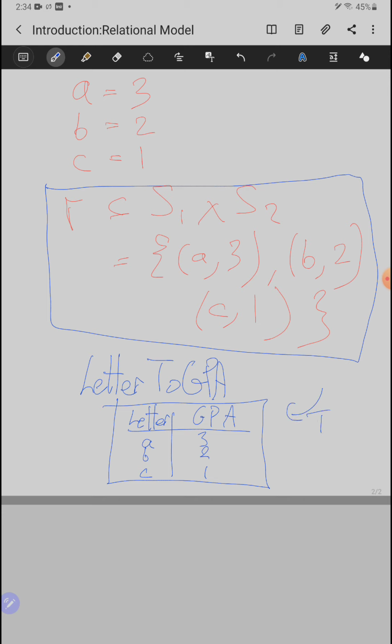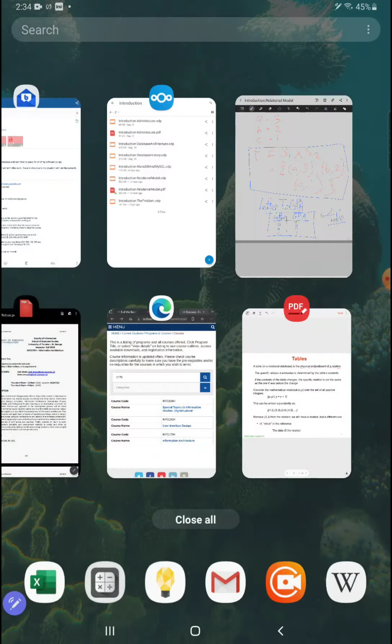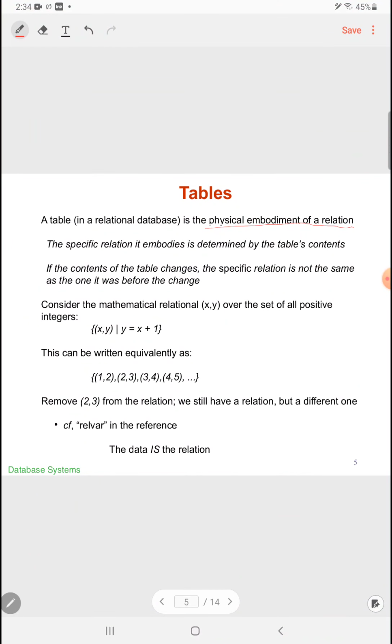This will be our table within our database. Okay? And the creation of tables is something I will get to later. So, the specific relation it embodies is determined by the table's contents. In the reference by Date, he refers to the table as a relvar, a relation variable, because it can change. Okay?